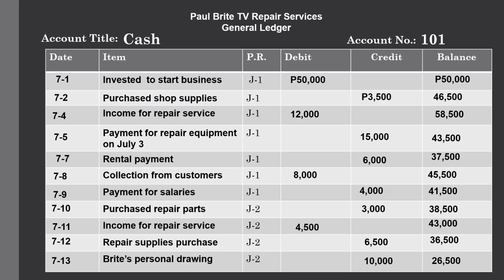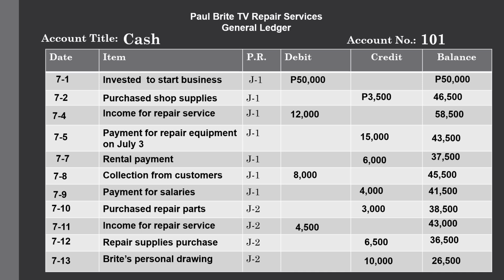I have here the general ledger of Paul Bright TV Repair Services. So for the first ledger, we have the account title cash, and the cash account number is 101.